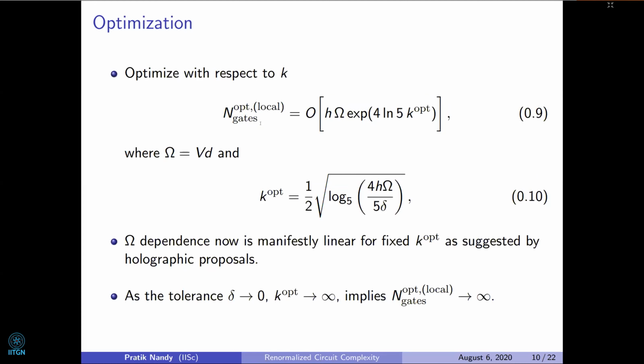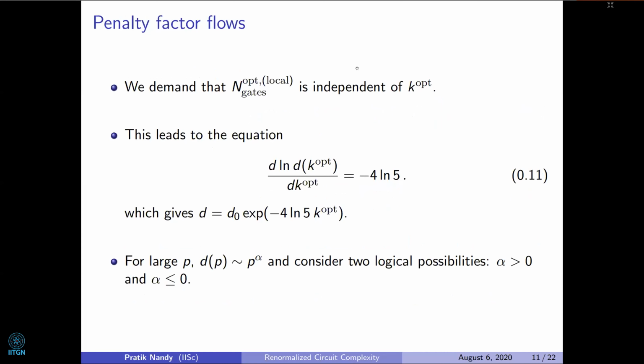So the best thing, what could be better for him or her, is if the total number of gates becomes independent of the tolerance, so whichever tolerance I give, I will use that same number of gates. That means the total optimal number of gates should be independent of the tolerance, that is, independent of this k optimal.